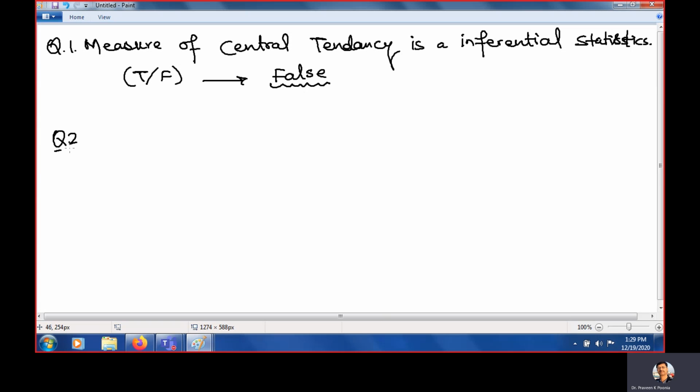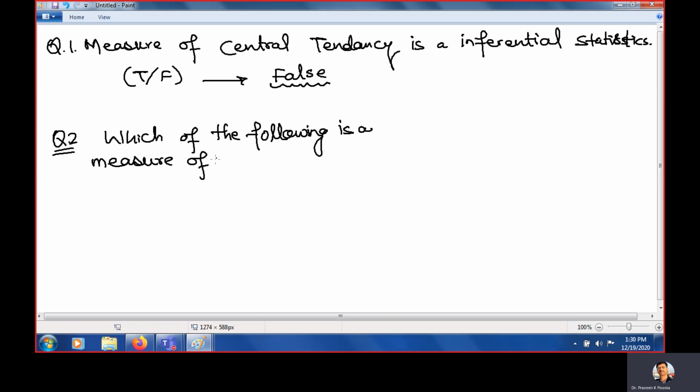What question number two do we ask? Clear. Which of the following is a measure of variation?